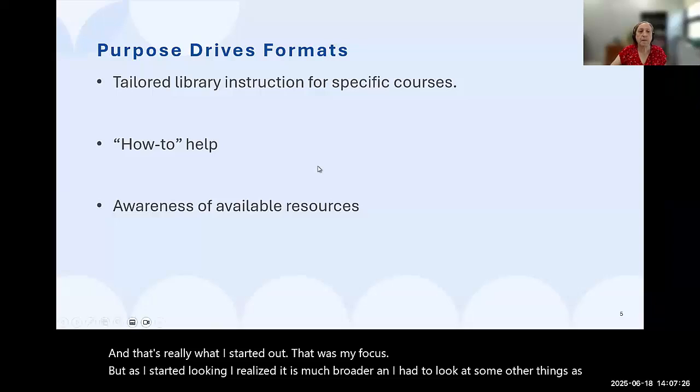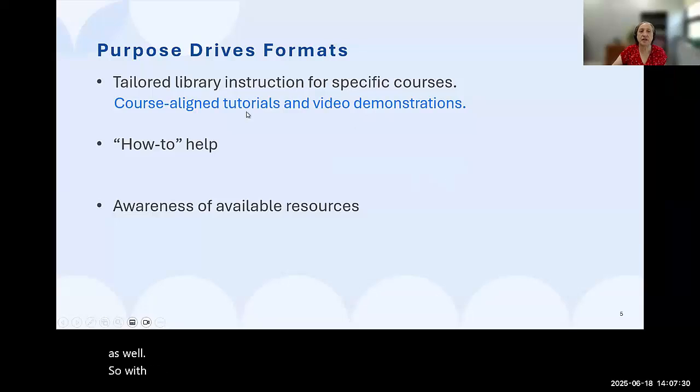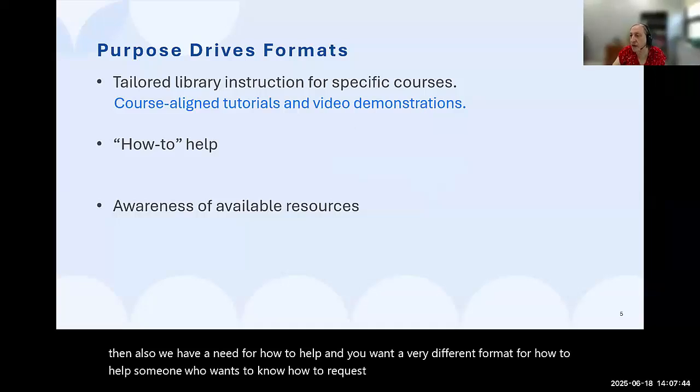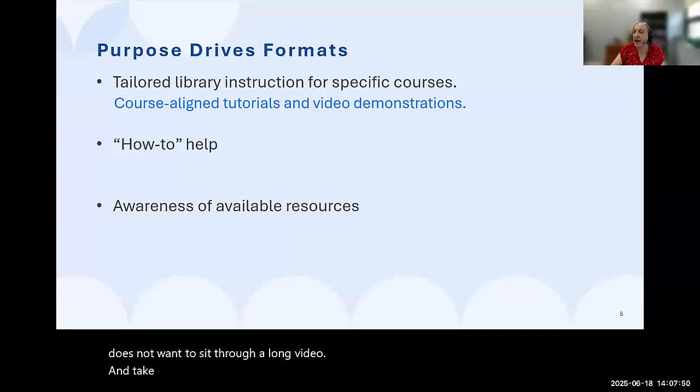So with the tailored library instruction, we have course-aligned tutorials and video demonstrations, and then also we have a need for how-to help. And you want a very different format for how-to help. Someone who wants to know how to request a book to be sent from another library does not want to sit through a long video and take a tutorial and do a little practice quiz on it.